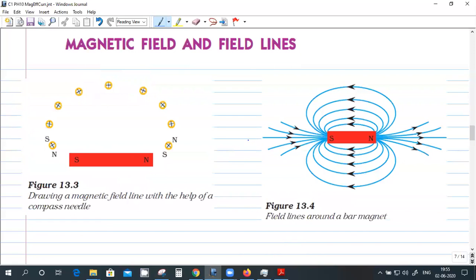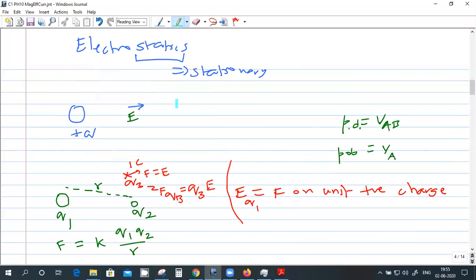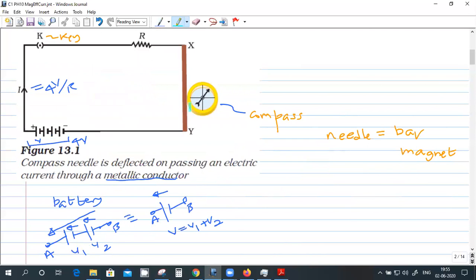So this is the basic idea of using the concept of field. Here there is a bar magnet, and what are these small circles? What do they look like? Charges? I also thought so. It's a magnetic compass to sense the magnetic field.